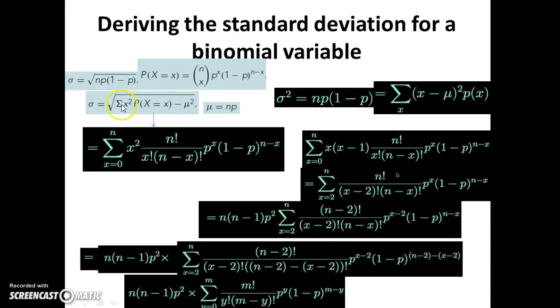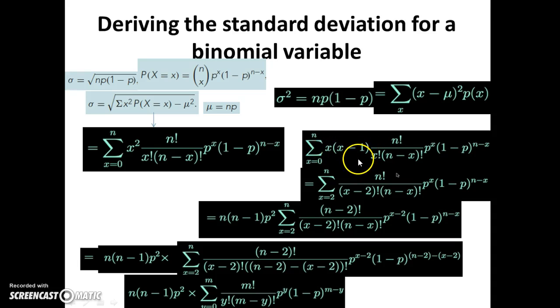I will work on this part. So when I take this part in here, I plug this in the formula and that's what I get. And there's x squared. I'll just change this x squared to x times (x minus 1).